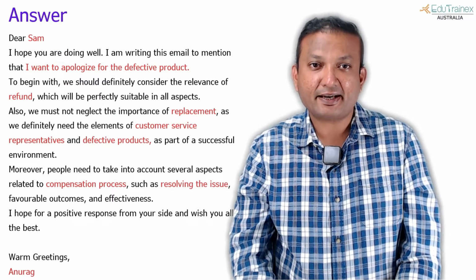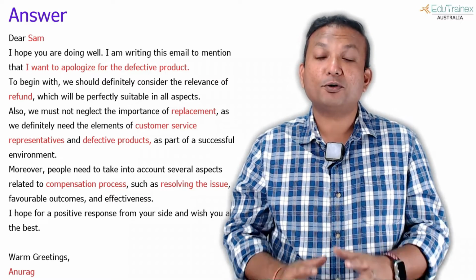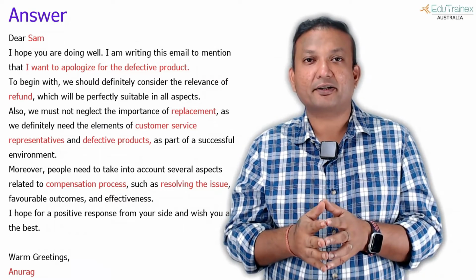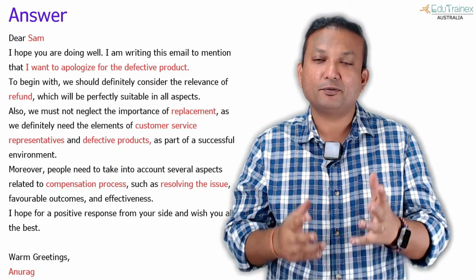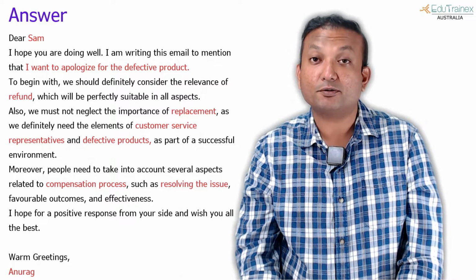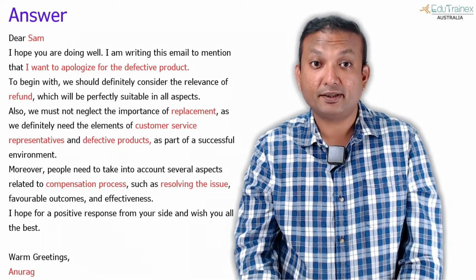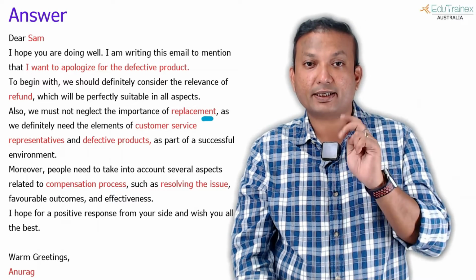See here, dear Sam, I hope you're doing well. I'm writing this email to mention that I want to apologize for the defective product. You see how we found the main topic of the email? We put it there. To begin with, we should definitely consider the relevance of refund. That was the first main theme. Also, we must not neglect the importance of replacement, second theme.